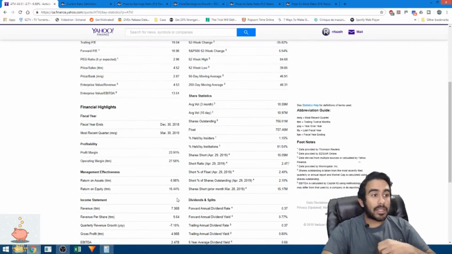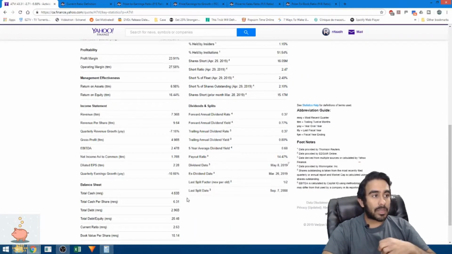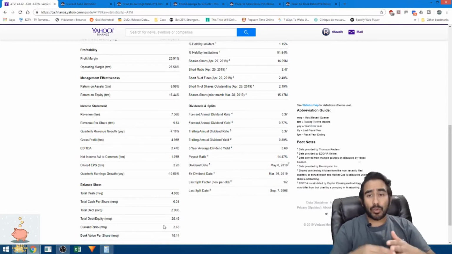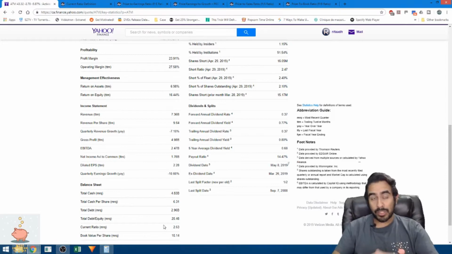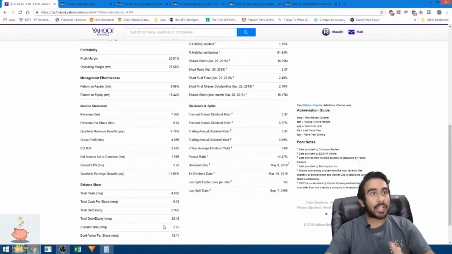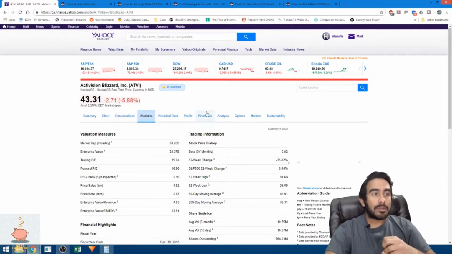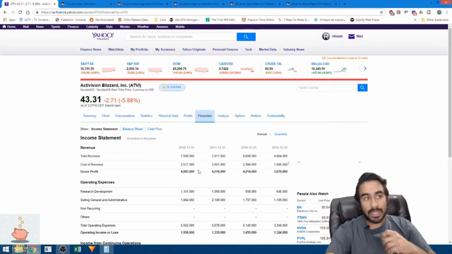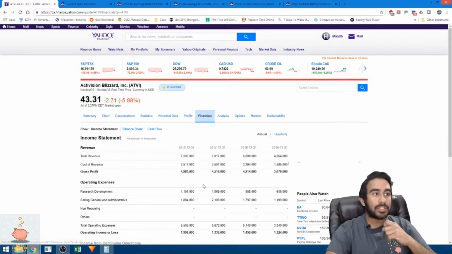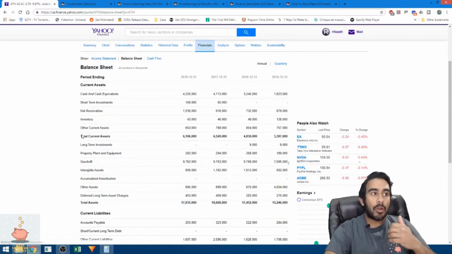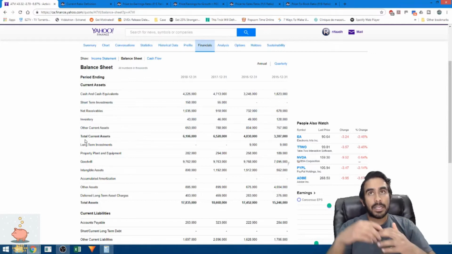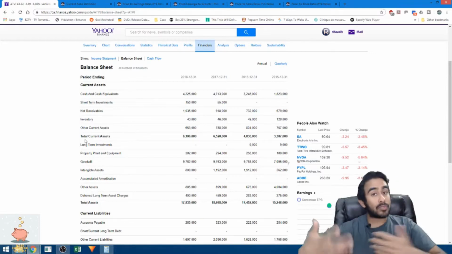And finally, the last one I would say is the current ratio. The current ratio is the total current assets divided by the total current liabilities, which is vital. We have to go into the balance sheet to get that. In the balance sheet you have 2 sections. One is the total current assets, because current assets are faster to liquidate in case we need money fast.